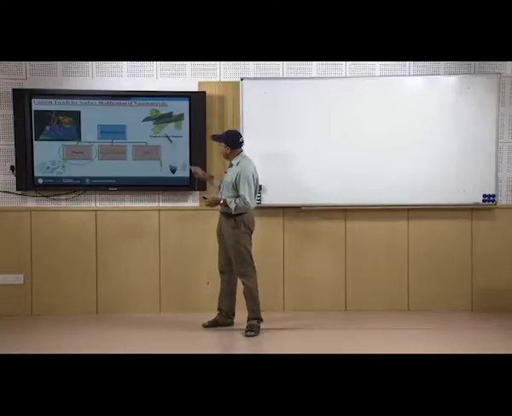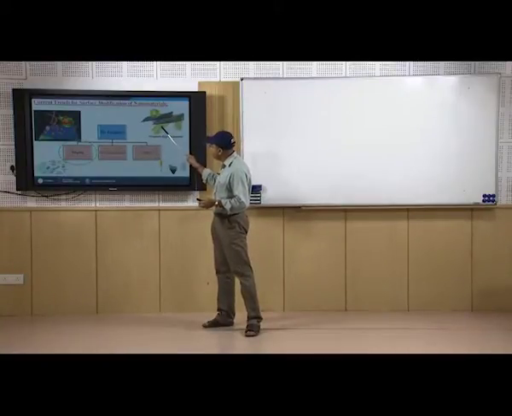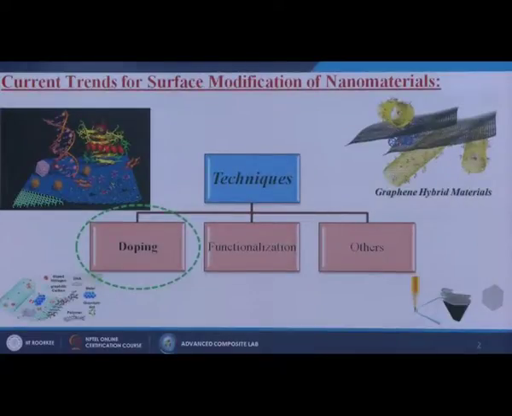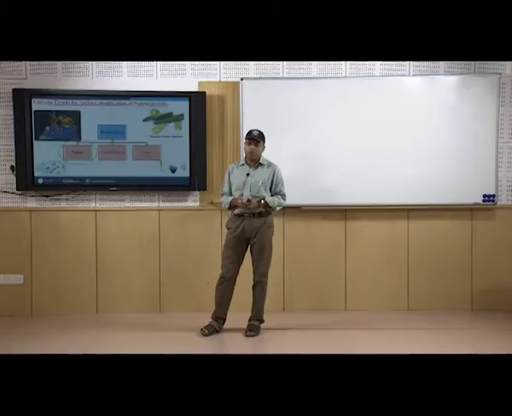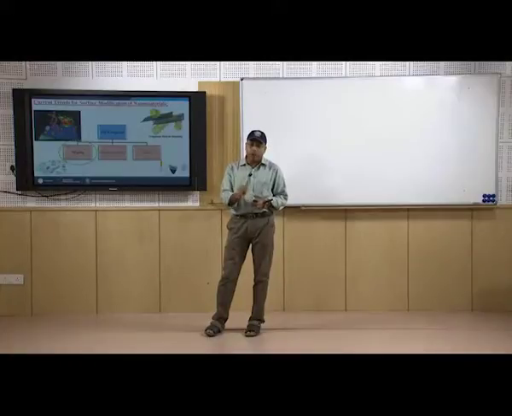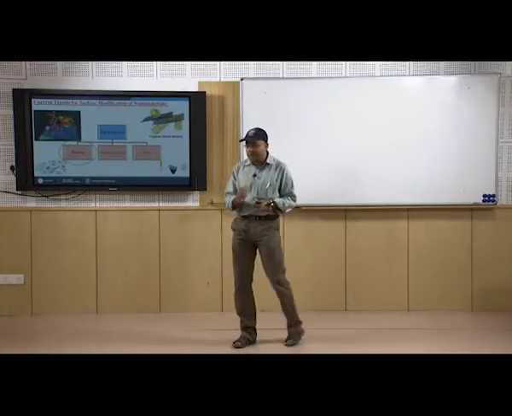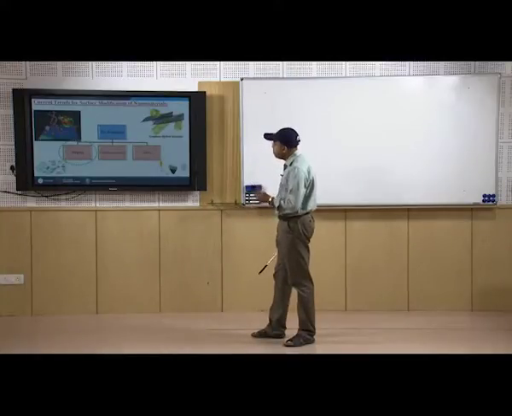But today we are going to discuss how the physical properties, not the chemical structure, of this material can be changed by inserting impurities or doping materials inside this structure.